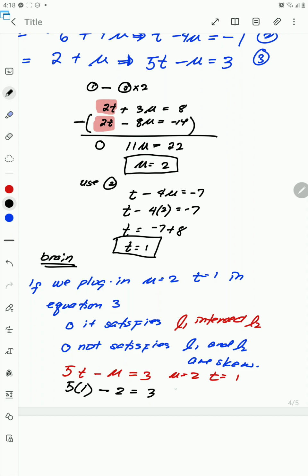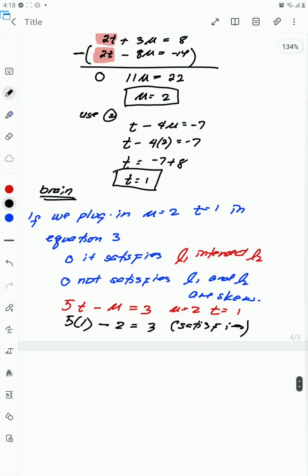So therefore, it satisfies. Therefore, the two lines intersect. Okay? But the next question is, where is the point of intersection?